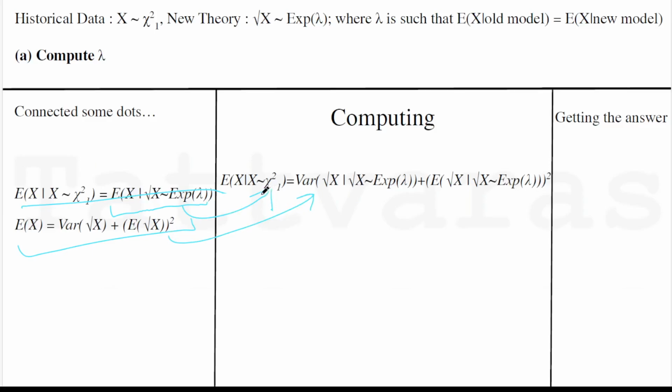Now, x is a chi-square. When x is a chi-square variable, what's the expectation? The degrees of freedom. You have to remember these things. And in that case, it's 1. And when we talk about the variance of root x, once again, you have to be comfortable with the idea that even though we have a root x over here, the distribution of root x is itself specified.